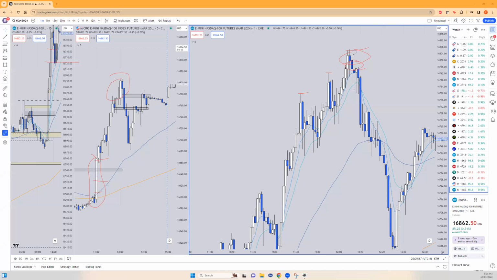Now, if you see this bull candle right here, is that a healthy candle? No, that is not a healthy candle. This candle is a healthy candle because it tapped past this candle and then it moved up like that. But anytime you get a candle like this in a weird spot like that, that's not a healthy candle.